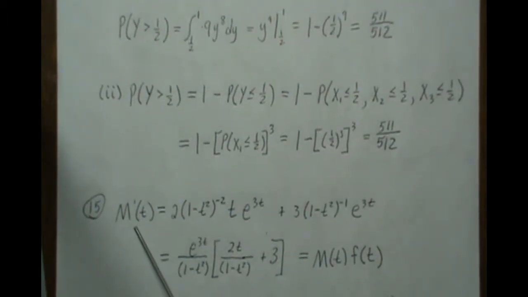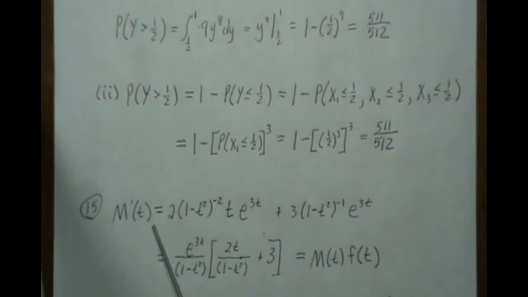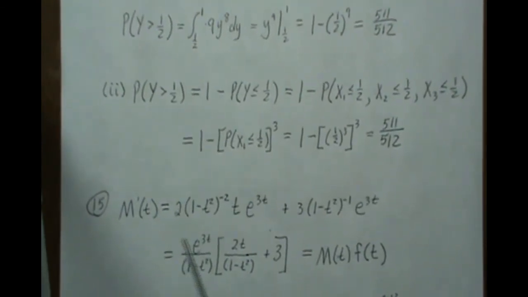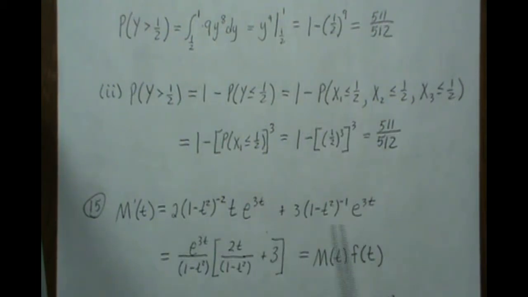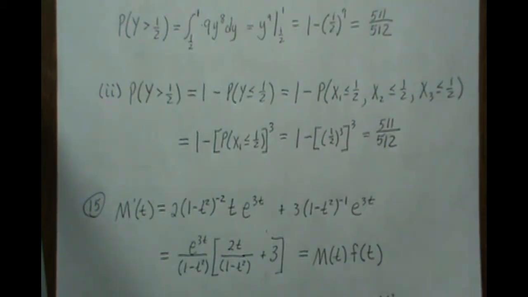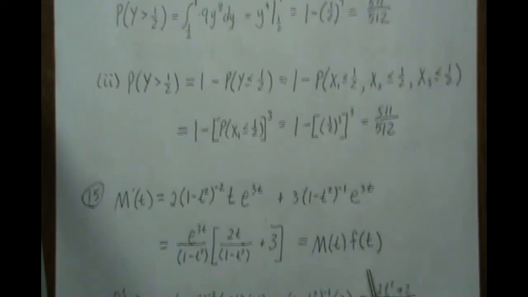So first we find the first derivative of the moment generating function. It's the derivative of the first times the second plus the first times the derivative of the second, and you get this. Now I rearranged it to this, where this piece is the original moment generating function, which I call f of t.